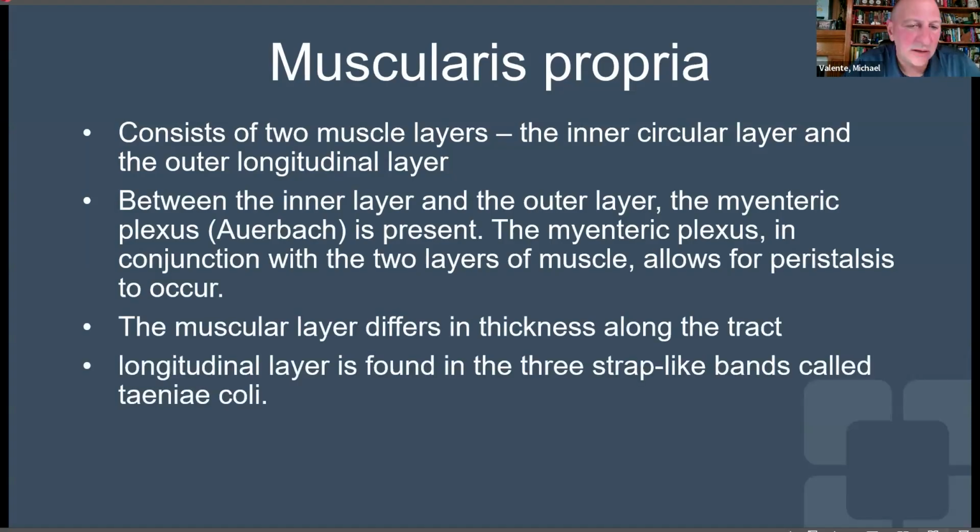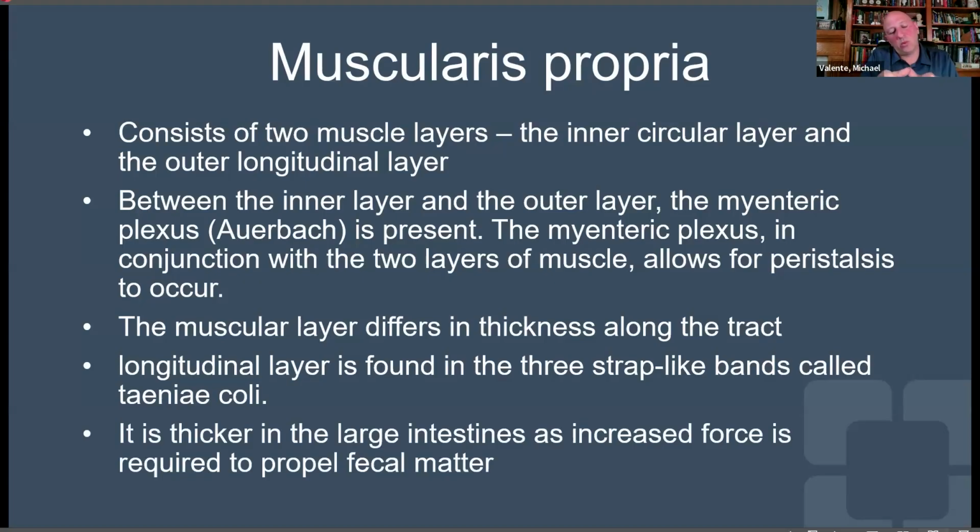Of course, the longitudinal layer in the colon, you'll see them as the taenia coli. There are three taenia coli located on the mesenteric side and the free side, or on the omental side in the transverse colon. That's the outer longitudinal muscle.